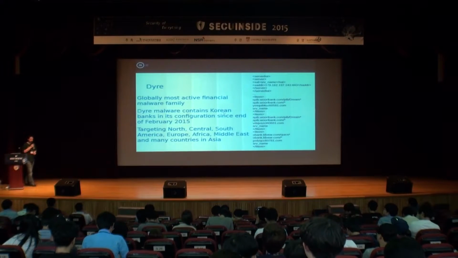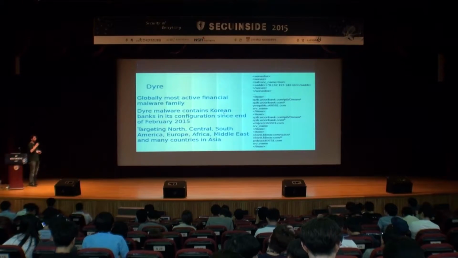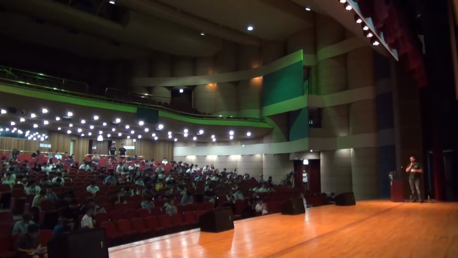A third attack that we saw, and that was actually from this year, happened suddenly by the end of February. Interestingly, 2 banks were targeted. What they do in this attack is, again, a hybrid attack.